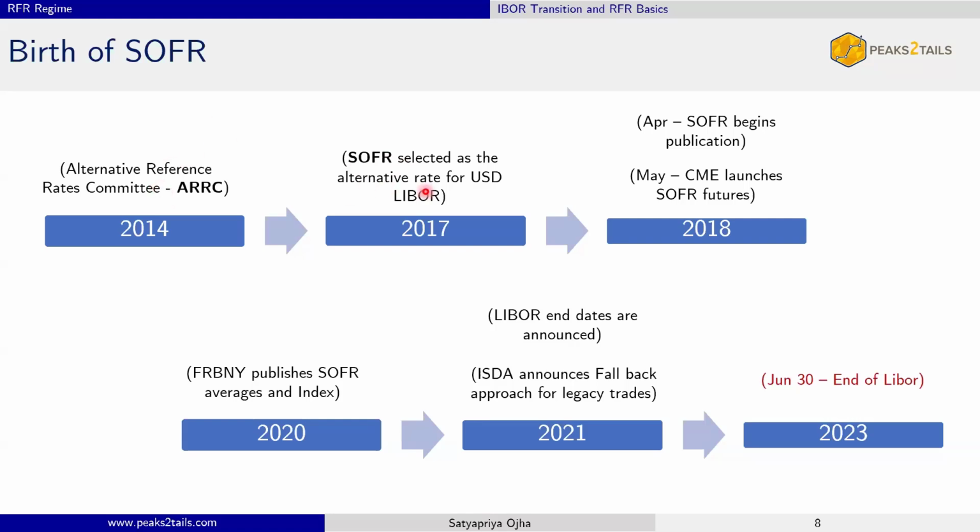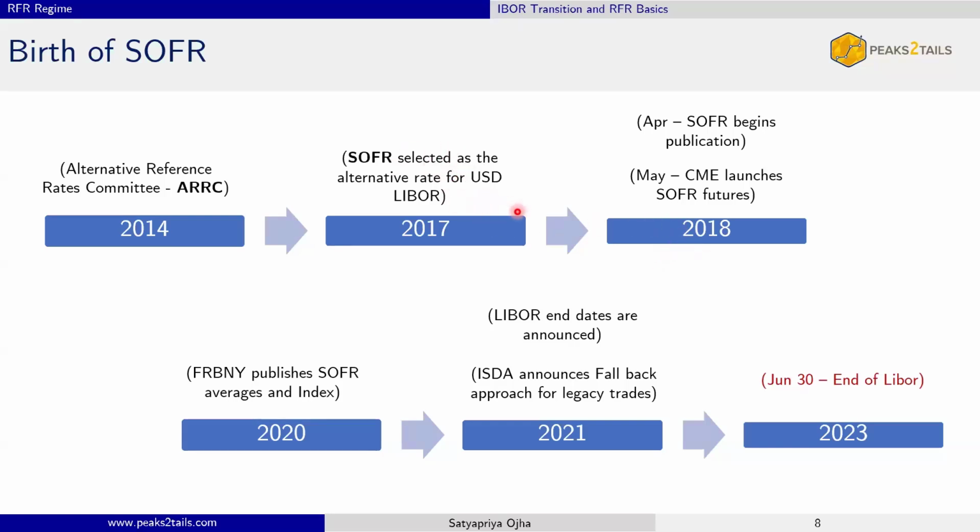First one is SOFR, obviously, the secured overnight funding rate, then the effective federal funds rate, then the overnight bank funding rate. All these rates they evaluated, and then finally they selected SOFR as the alternative rate for USD LIBOR in 2017. Okay, there is a series of articles published by ARRC, and I would say please go ahead and read it. You'll get the entire history of different events, how this came into being.